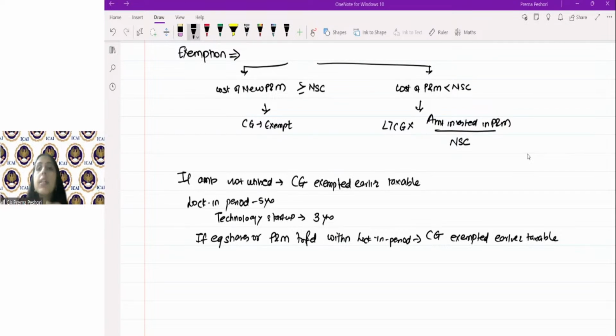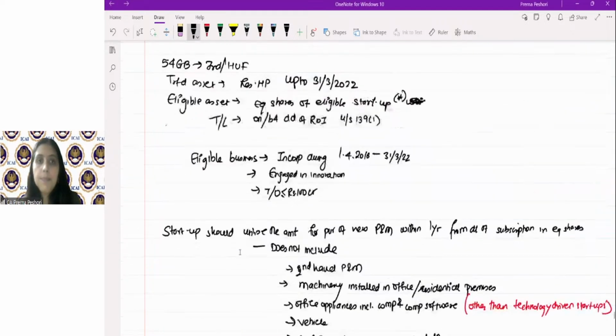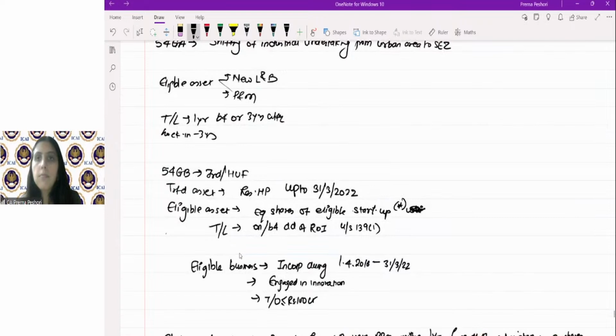But where the husband itself is contributing for the purchase of the new house from the sale proceeds of the earlier asset, then the exemption is available to the husband. Clear? Any other question? Yes, 54GA is for any assessee.